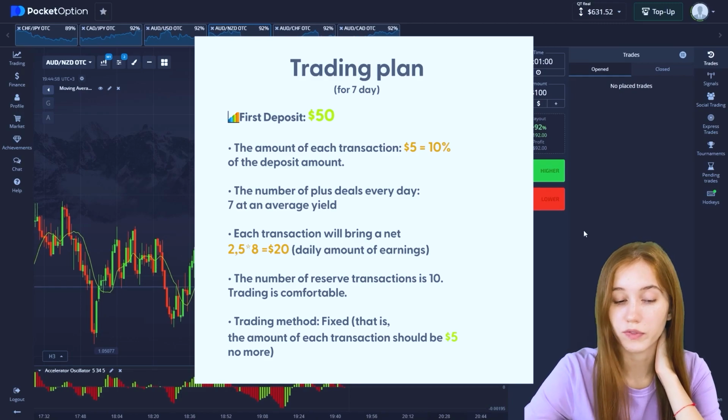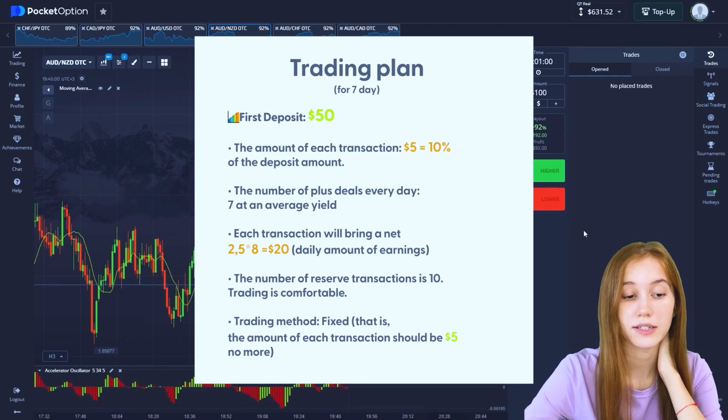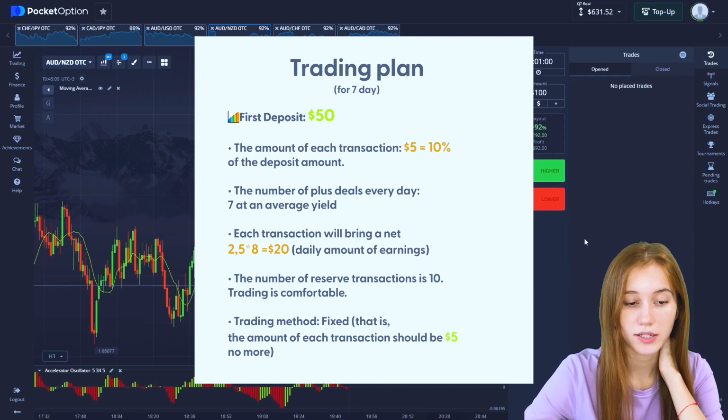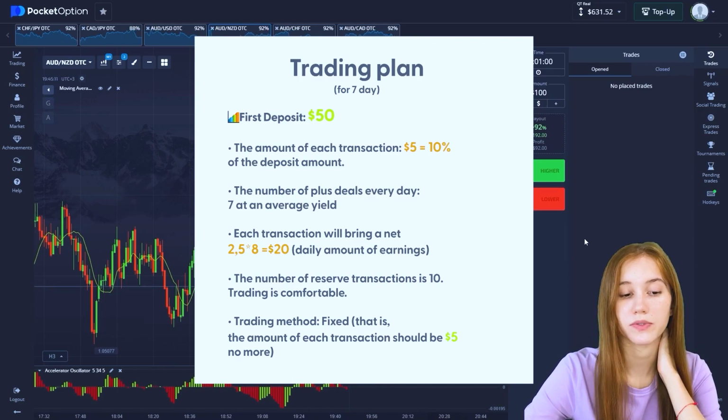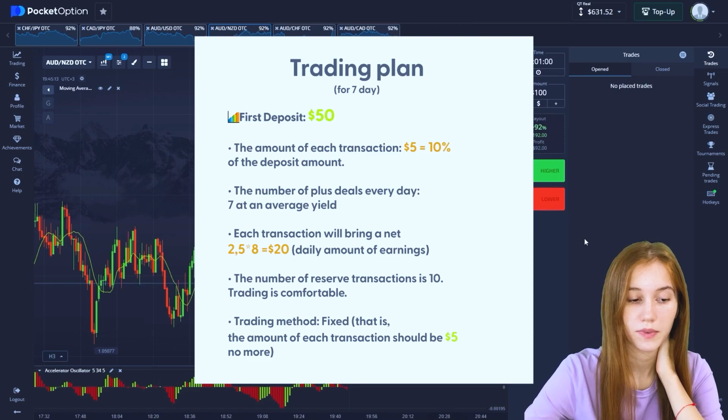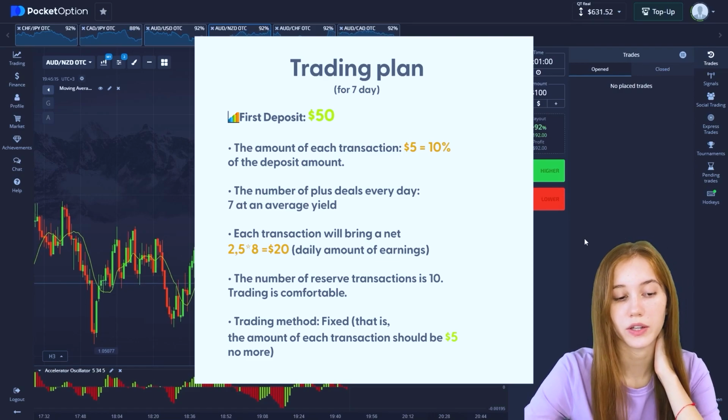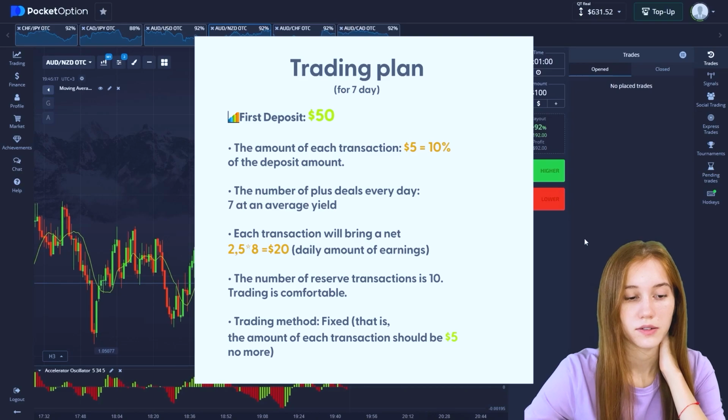The number of profitable deals every day is approximately 7, plus or minus. Each deal brings you a net of $2.5. This is at least 50% of each deal. So it's quite good, it's convenient.